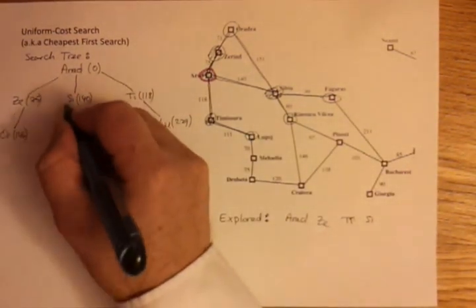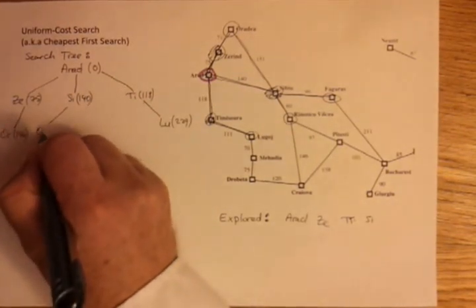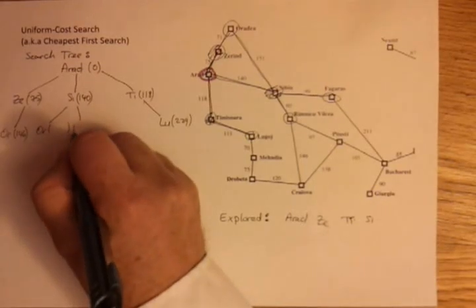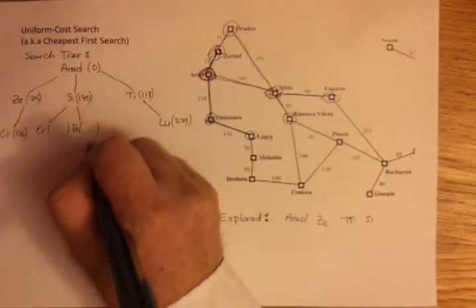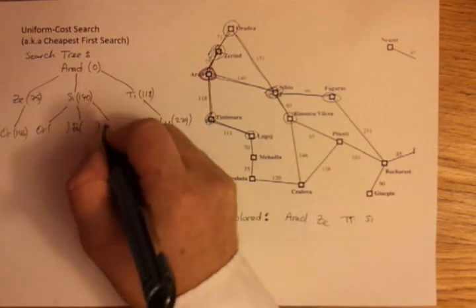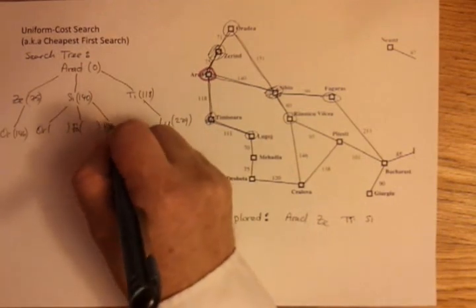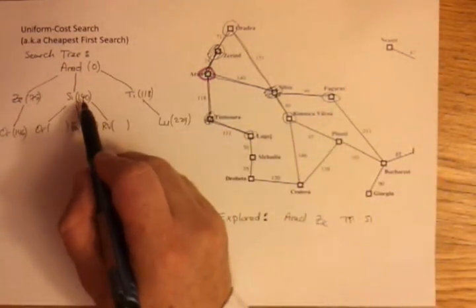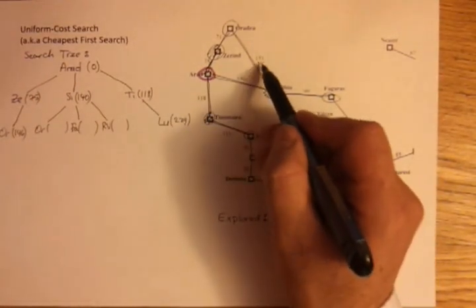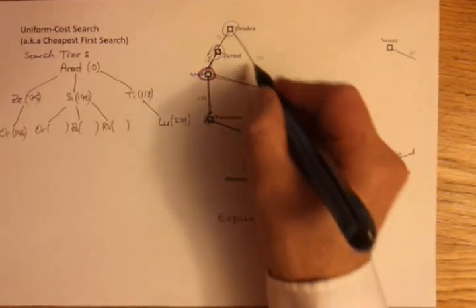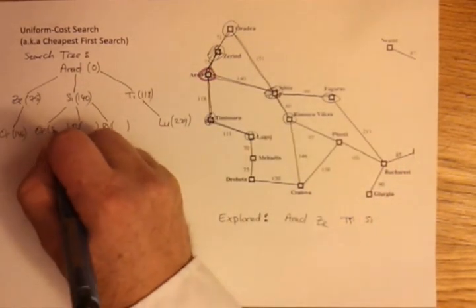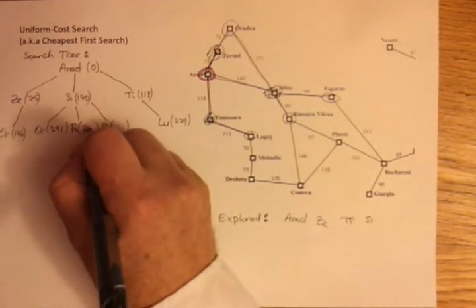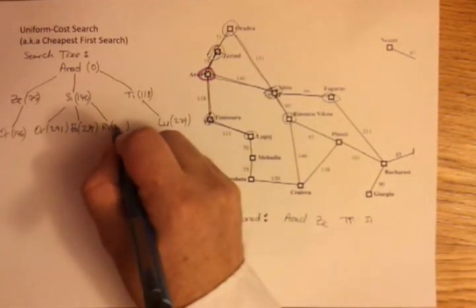So OR at some cost, FA at some cost, and RV at some cost. We'll compute the costs as 140 plus the additional distance. 140 plus 151 gives us 291. For FA it's 239, and for RV it's 220.